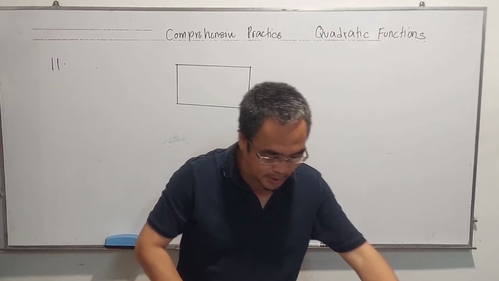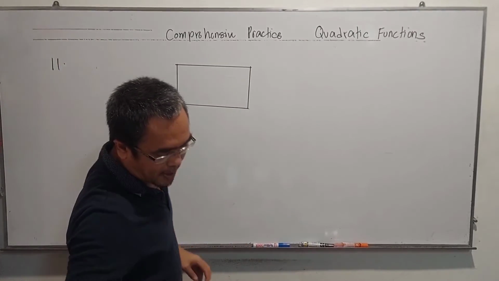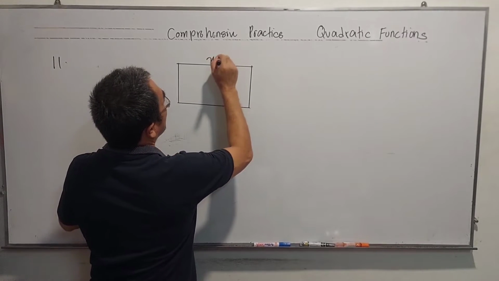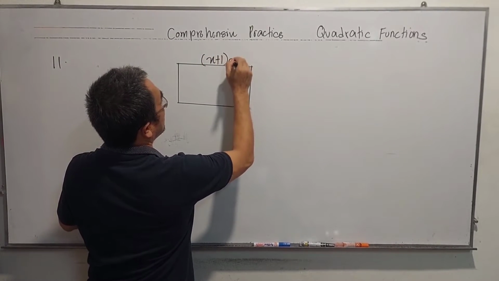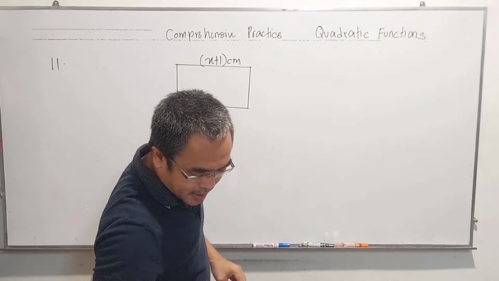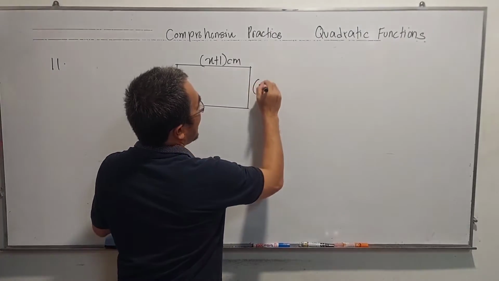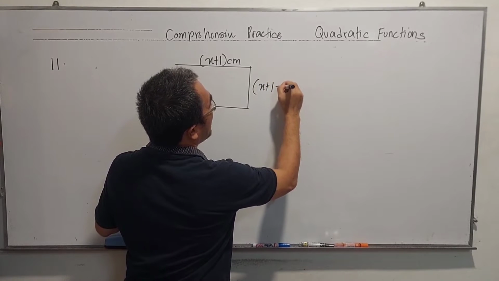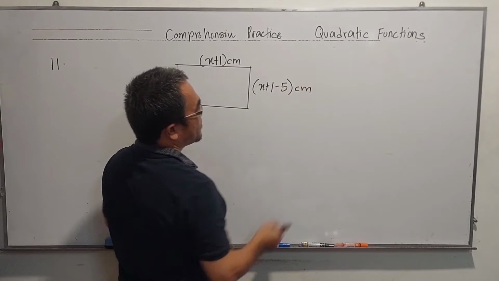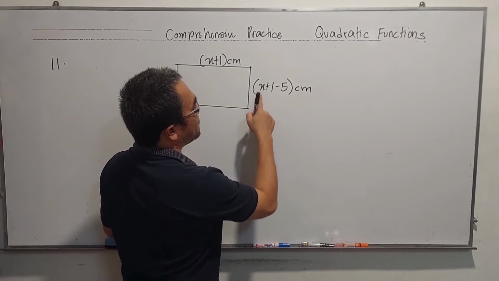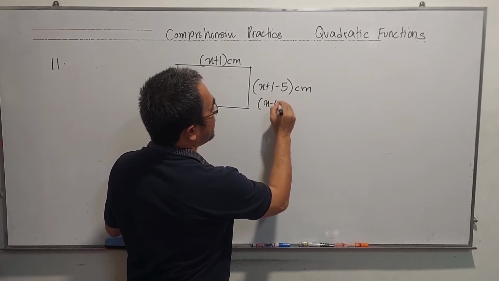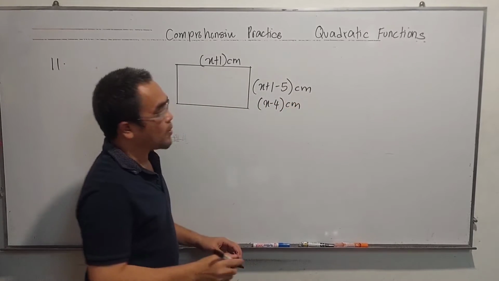The length is x plus 1 centimeter. And its width is 5 centimeter less, so it means x plus 1 minus 5 centimeter. We should simplify that, it is x minus 4 centimeter. Okay?